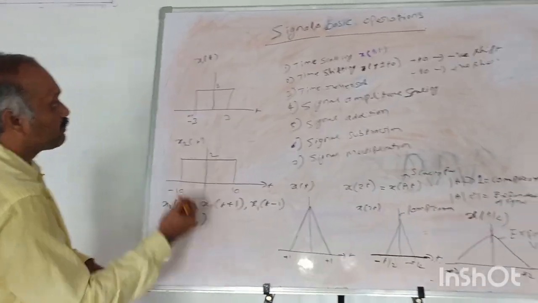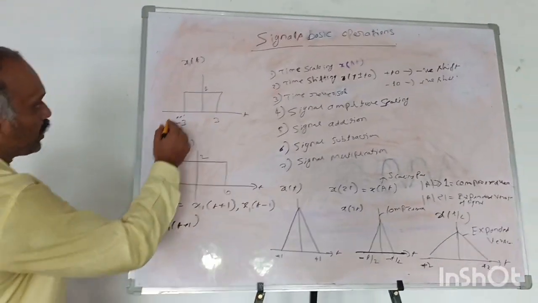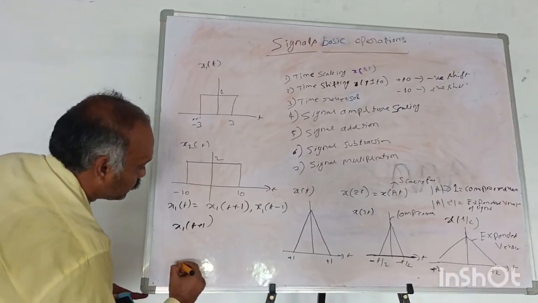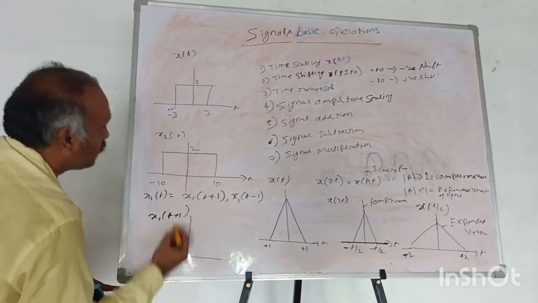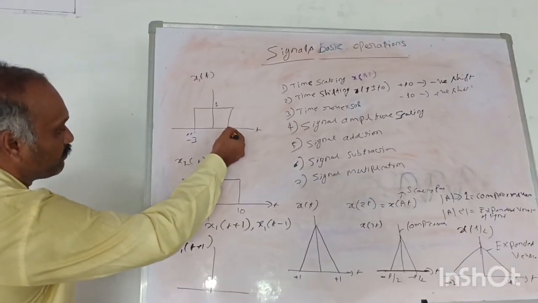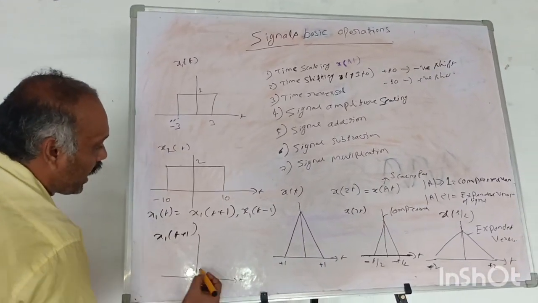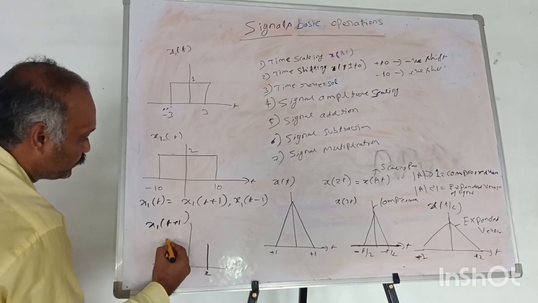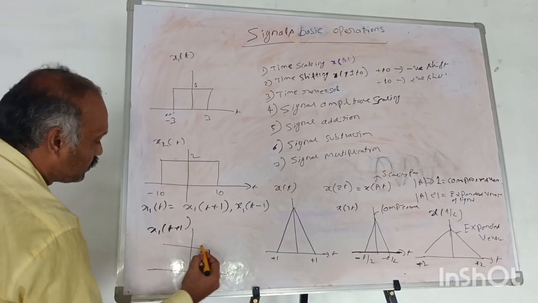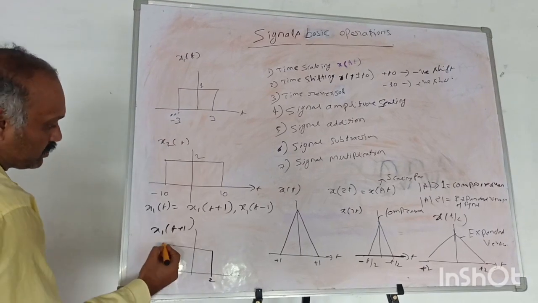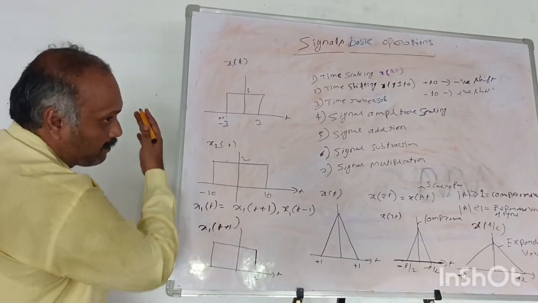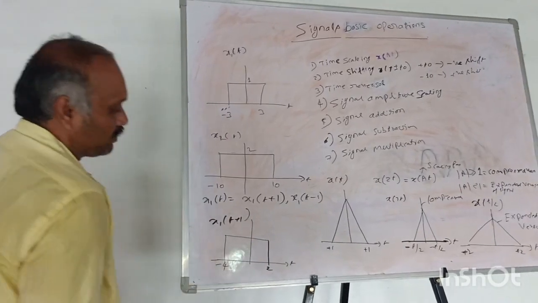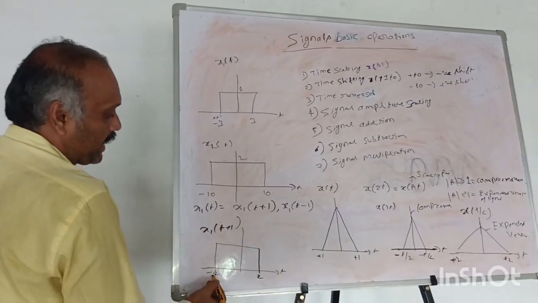For x1 of t plus 1, I just want to shift the signal by one unit towards the negative side. Here the signal started from 3 and now it has to start from 2, and the signal width should not be changed, and it has shifted back one position, so it ends at minus 4.